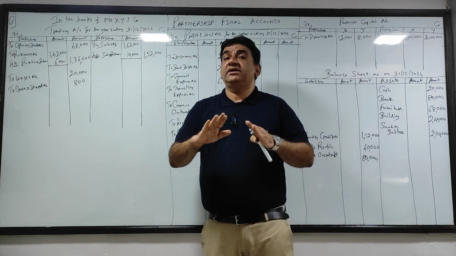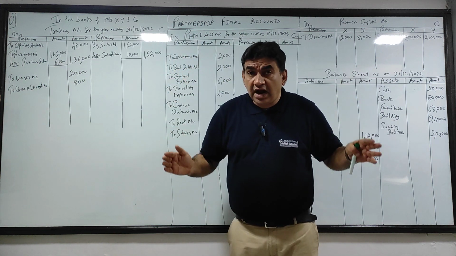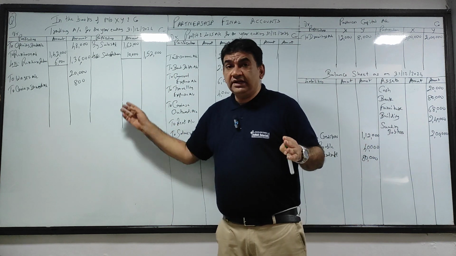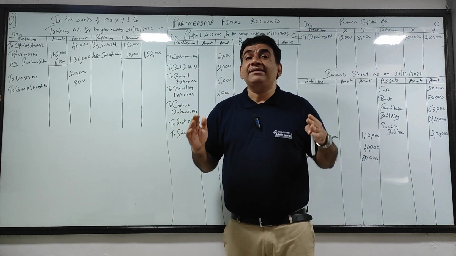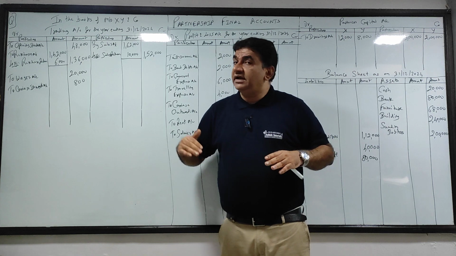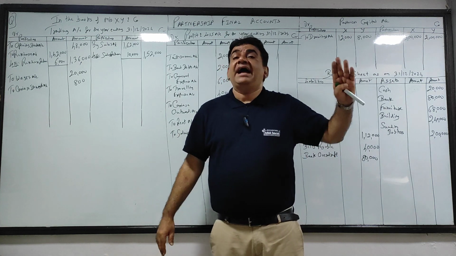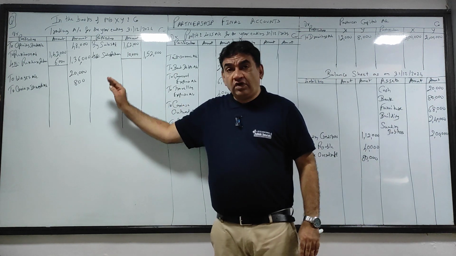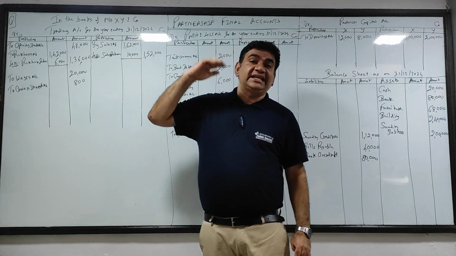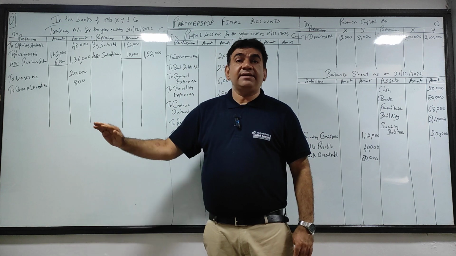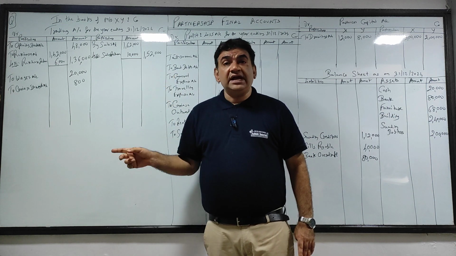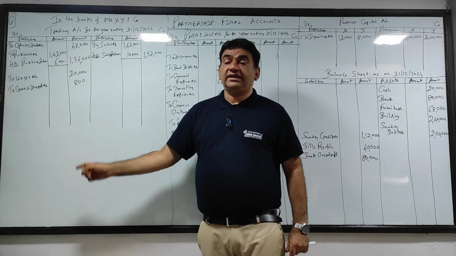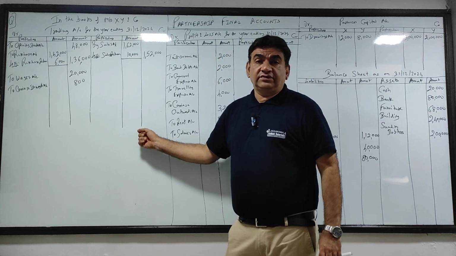Closing means my year is over, part of the goods are remaining unsold with me. I will not throw it away. I will take it to the next year. Therefore, from the current year, it goes in the next year. Current year से बाहर जा रहा है, going out. Therefore, the first effect, I will credit trading account.